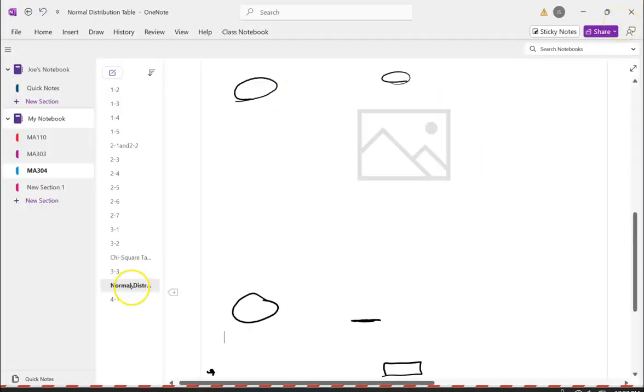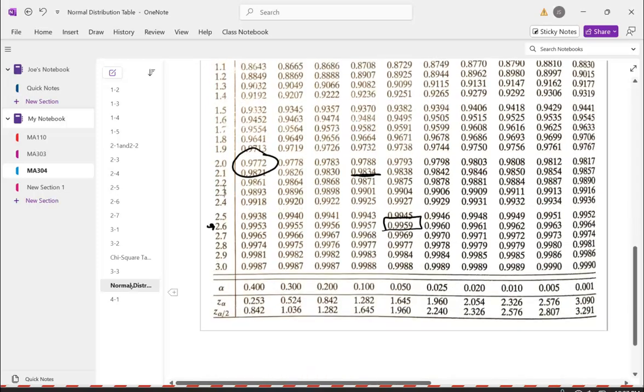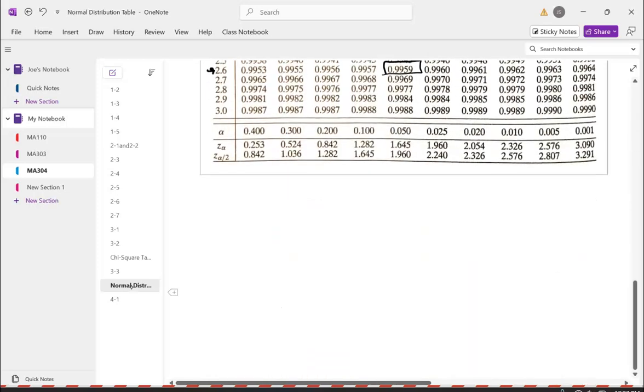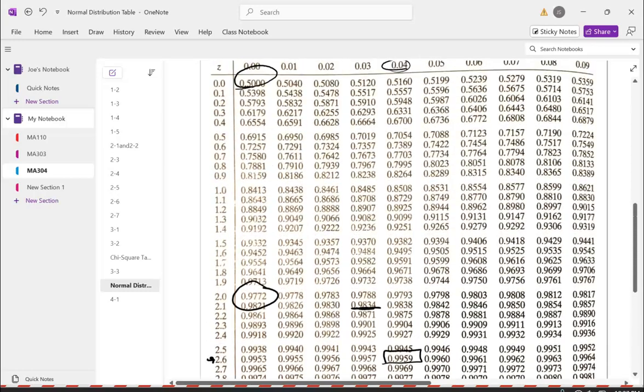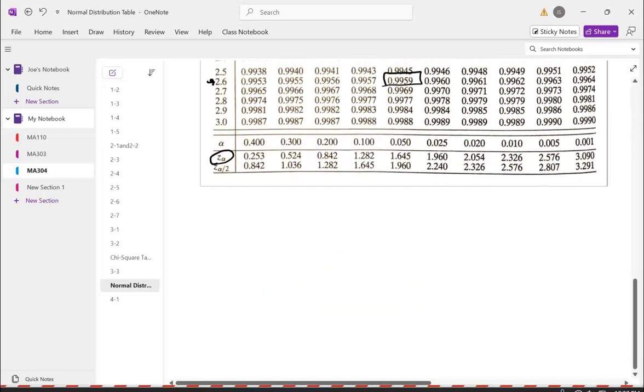So let me go back over to the table. At the bottom of the table, they've got these little z sub alphas. The alpha piece that they're talking about here is the probability, the z value that gives you a certain tail probability. So what do I mean by that? Let's look at this 1.645 value here.